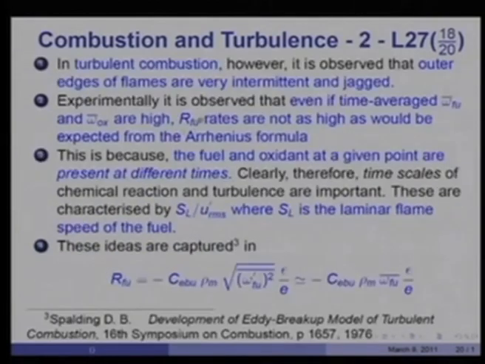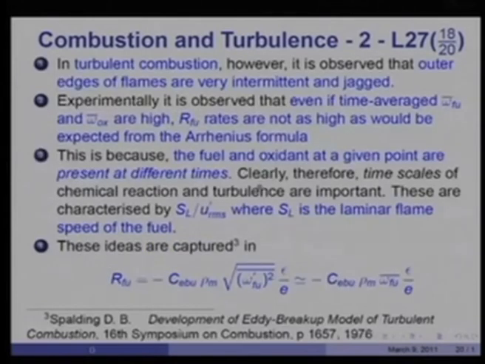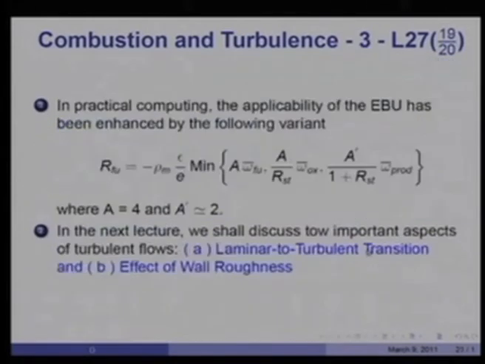In as much as this model turned out to be quite good for turbulent combustion, some more refinements have been made, and it is said that instead of taking omega FU bar that you saw here, what one should take is really the minimum value of A FU bar, omega ox bar by RST, and omega product bar by 1 plus RST, with certain proportionality constants, and recommended ones are A equal to 4 and A dash equal to 2.